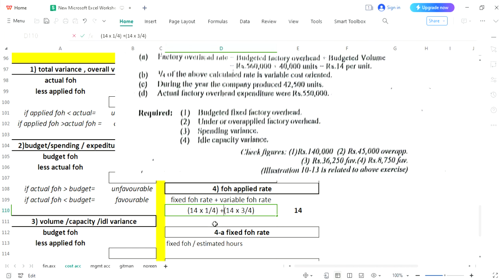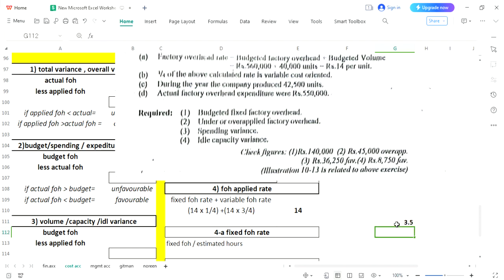So we can calculate over here. First we will see 14 into 1/4. Here you can calculate 14 into 1 by 4. So you have got 3.5 as your fixed FH rate, which you can directly write over here.